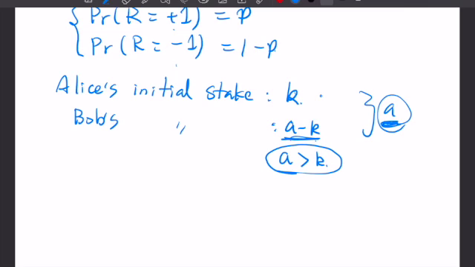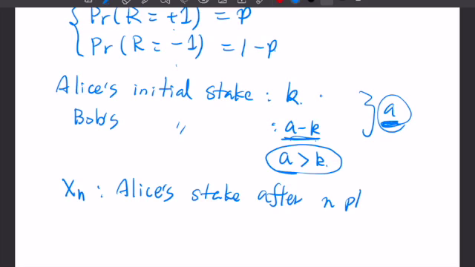And now introduce another random variable, X_n. This means Alice's stake after n plays.